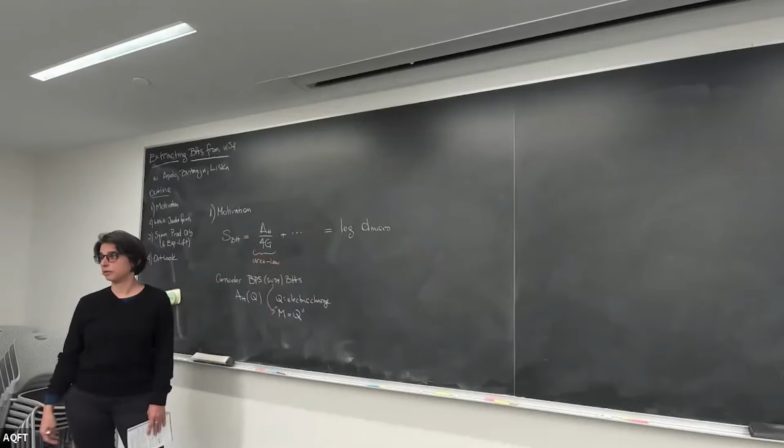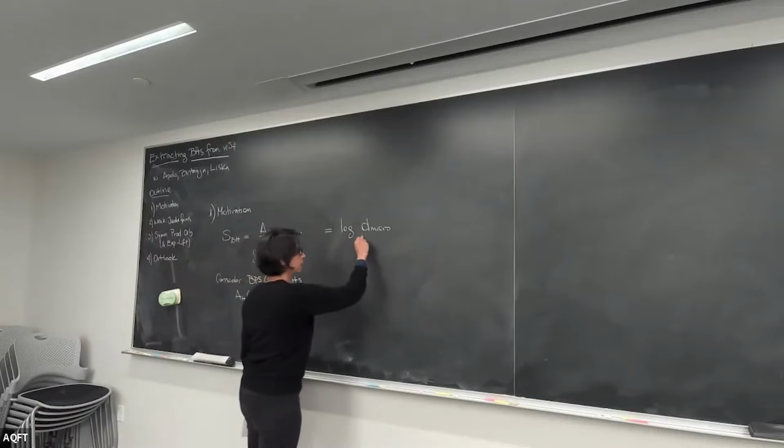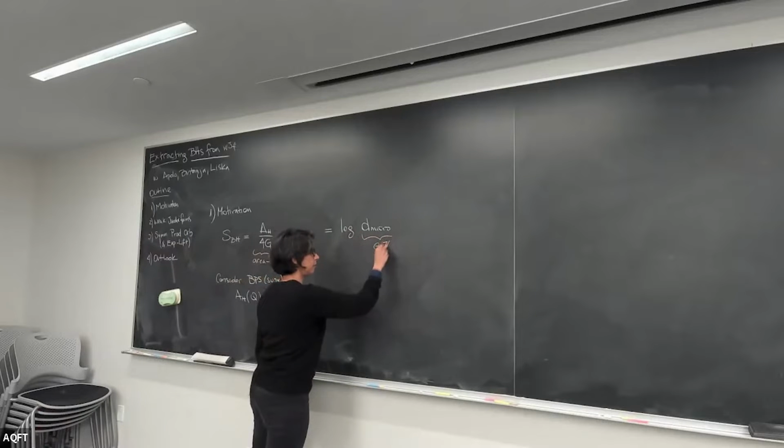Okay, that's what entropy means for the purposes of this talk. So this is basically an integer. It's what we usually call the number of microstates.